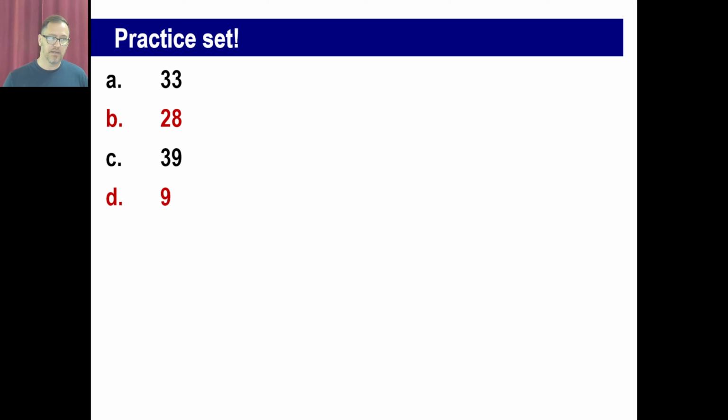Now, again, if you want to estimate on these, that's fine as well. It's about 40 minus something is about 30. Well, 40 minus 10 is 30, so it's about 10. That would tell you that what you need to do is take this number and subtract that number. So you would say 38 minus 29, the answer is 9.